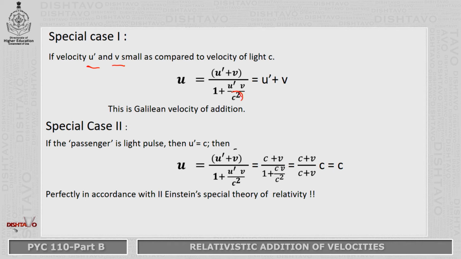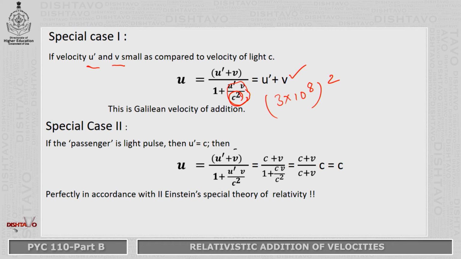You will find that c square is in the denominator. c is 3 into 10 raised to 8, and the square of that is a very large quantity in the denominator. So, as compared to that, the term will be very small and can be neglected, and you will immediately find that u is equal to u prime plus v. This is what Galilean velocity addition is.